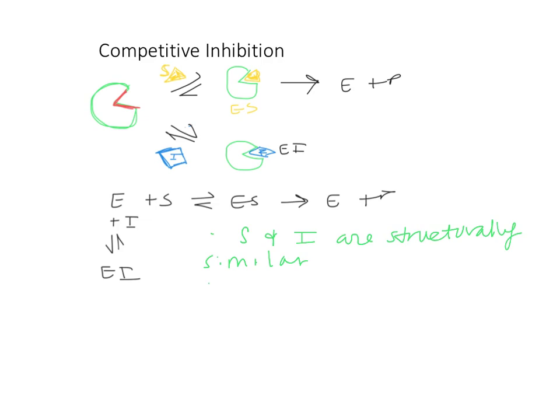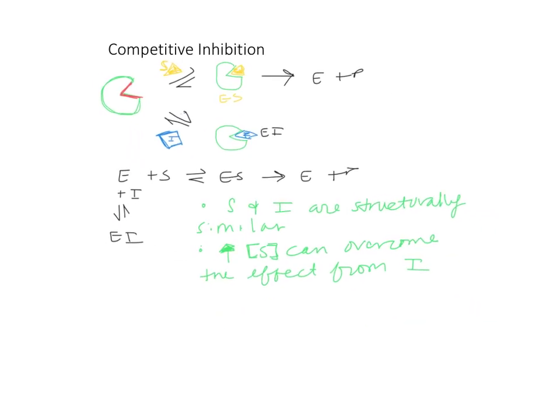If you increase the concentration of S, you can overcome the effect from I. If you increase substrate concentration so high, it's statistically more likely that S will bind, and you can overpower I in this context.